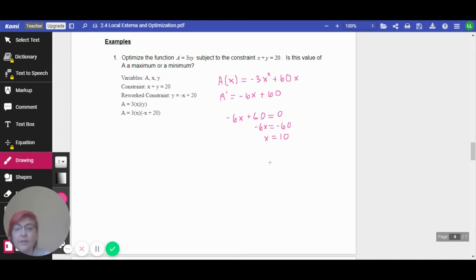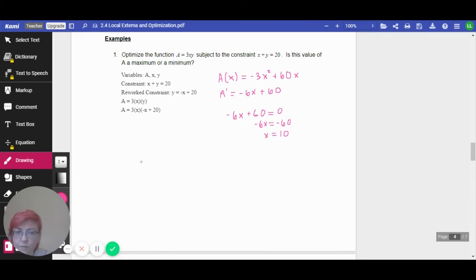All right. We are now going to plug that back in to our original. Actually, first we need to solve for y. And we will come right over here and plug that in to do so.